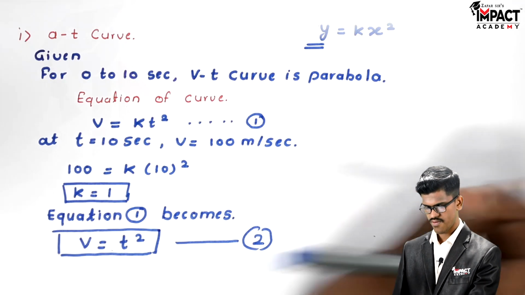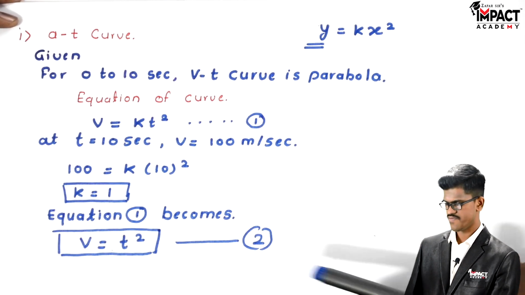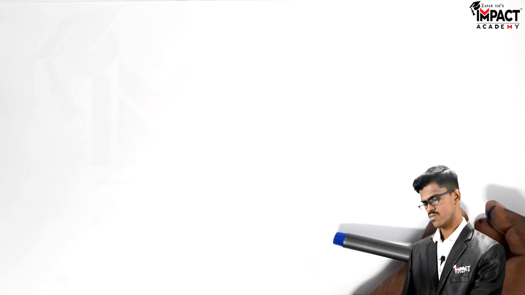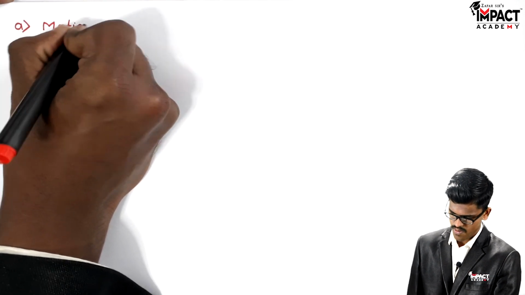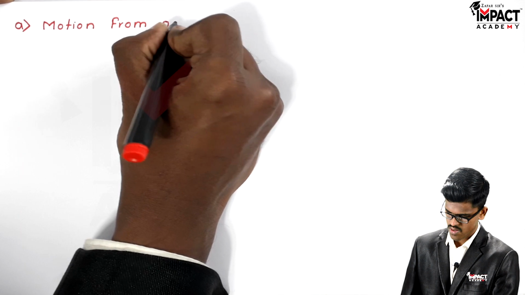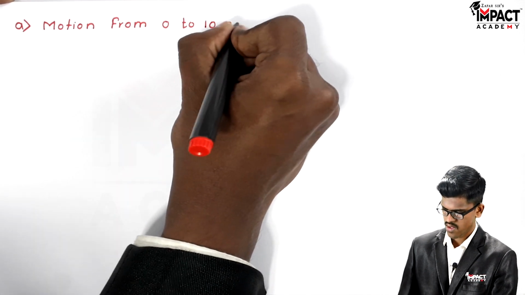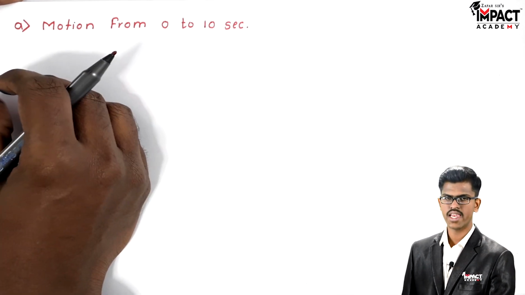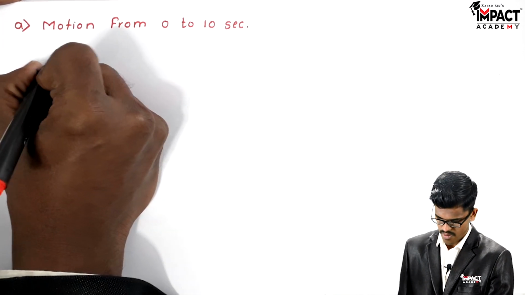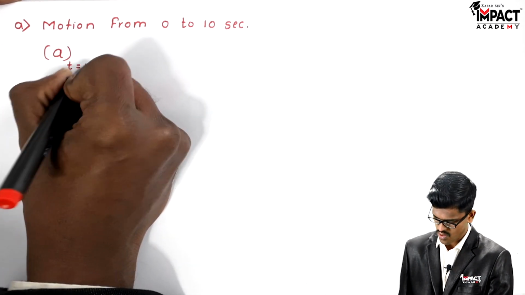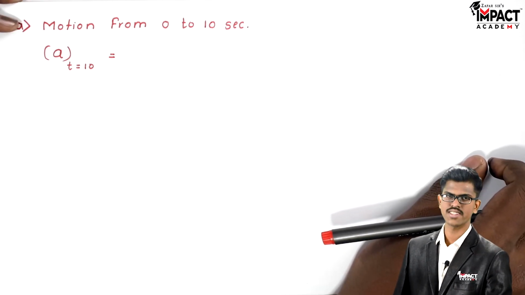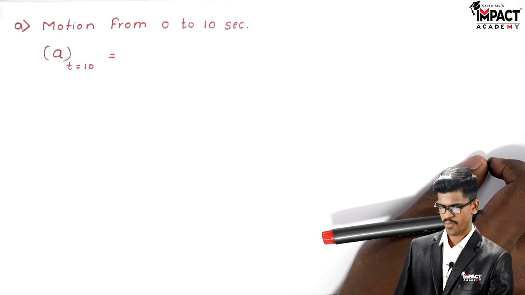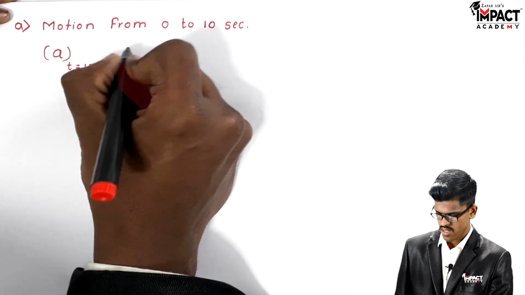Now we have to find the AT curve. First, the motion from 0 to 10 seconds. We have to find the acceleration when t is equal to 10 seconds. From the VT curve we find the acceleration, so we just find the slope when t is equal to 10 seconds.